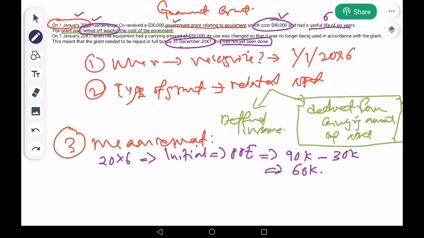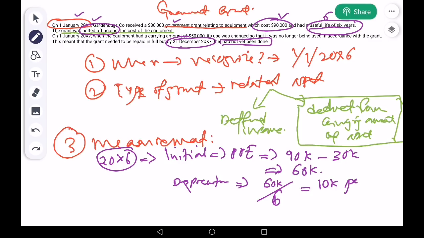Can I know your depreciation for 2006 only? 60k divided by 6 years, you get 10k per year after you deduct. You use 60k because it's the initial amount. So this is your subsequent depreciation.